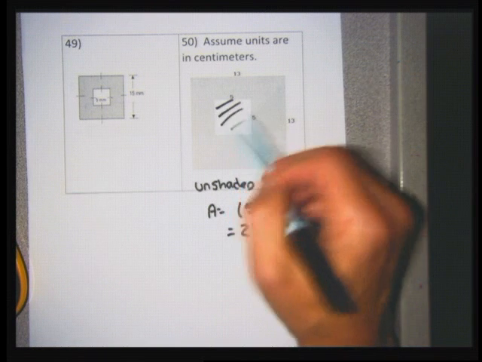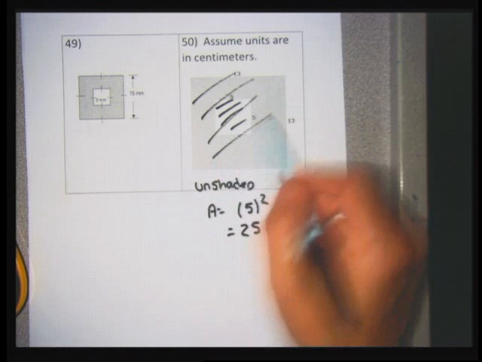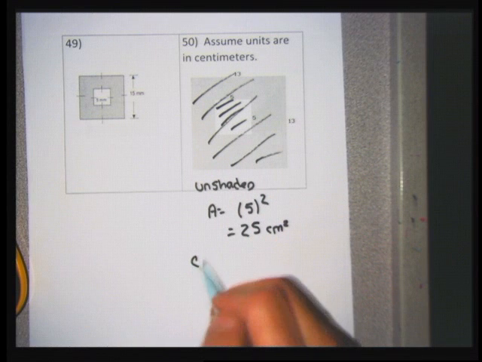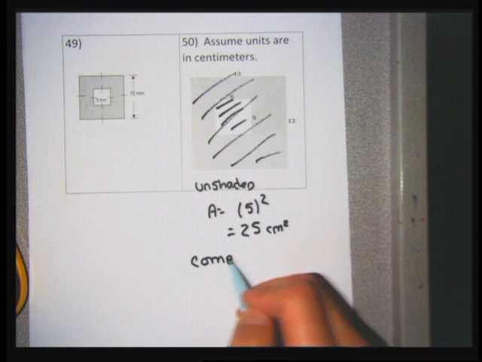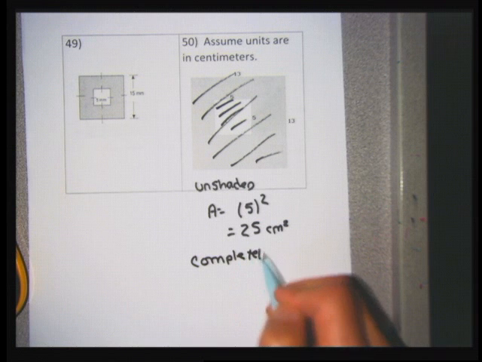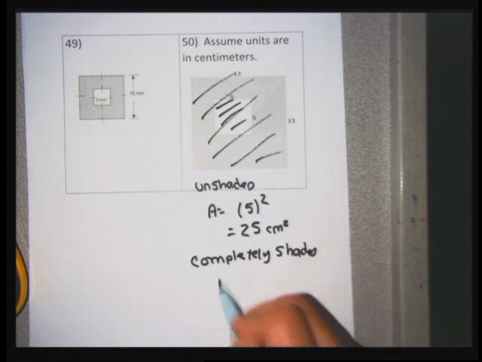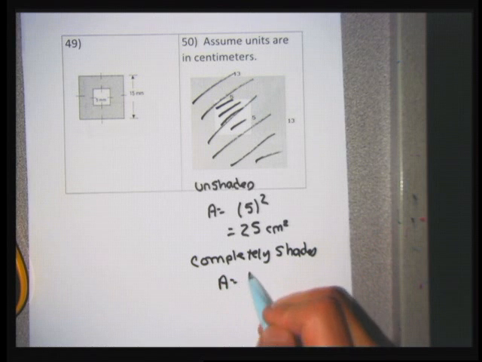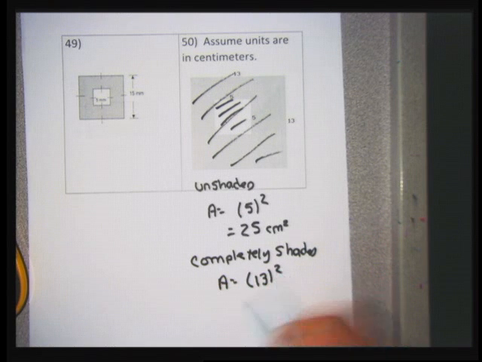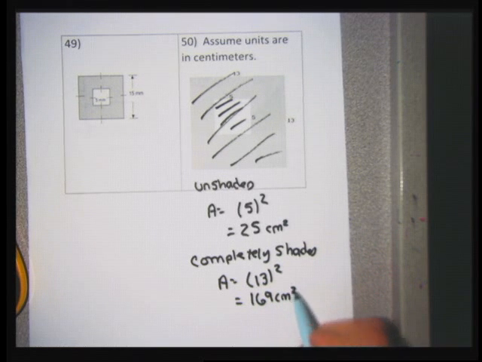If I shade this in, then the completely shaded area is going to be a bigger square. It's 13 by 13, so the area of that's going to be 13 times 13, which is 169. I'll attach my units. My units have to be square units because it's area.